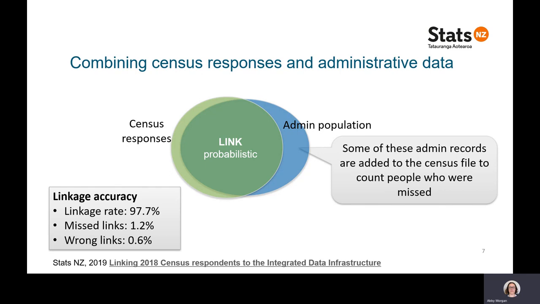We get quite high linkage accuracy with a 97.7% link rate, and wrong links being under 1% and mislinks just over 1%. The portion of the admin records not linked to the census responses then becomes a part of that admin population that's available for us to use to add into the census file to mitigate non-response.